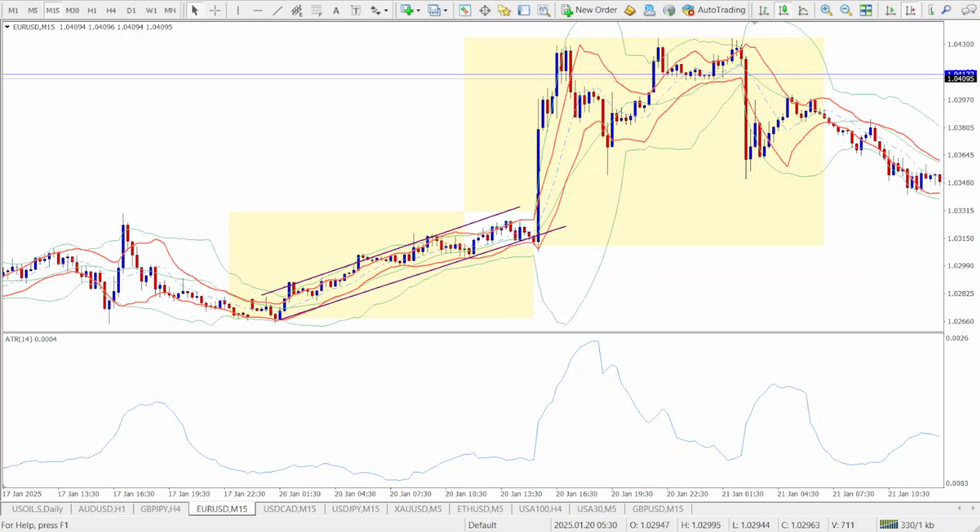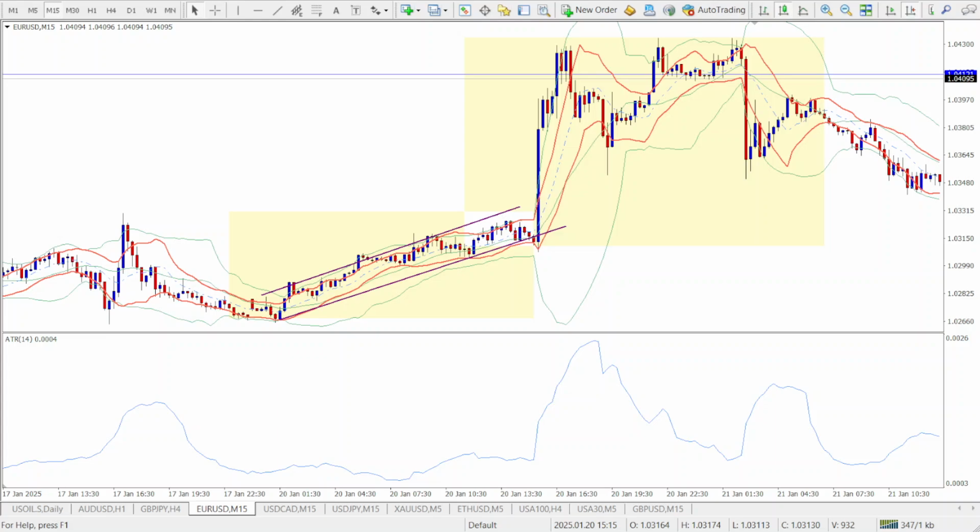Now, to make this strategy even more effective, here are some additional tips. You can actually combine these indicators with other indicators. You can actually decide to use multiple indicators if you wish, just to confirm your setups and reduce the chances of false signals. You can add RSI, volume indicators, or any other indicator of your choice. And then stick to high volatility sessions.